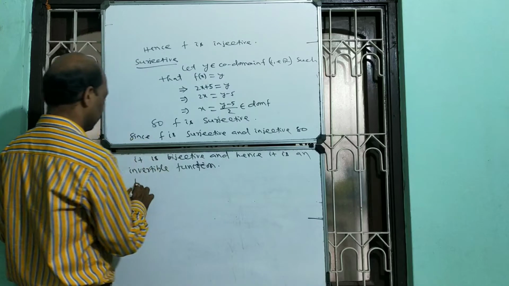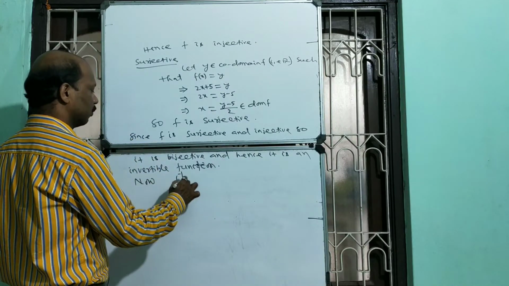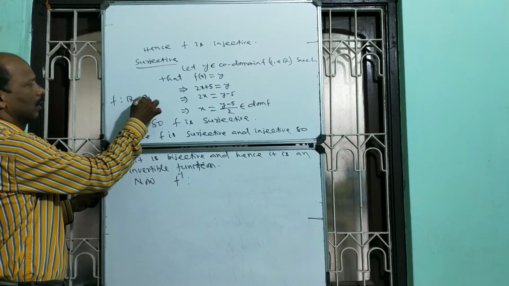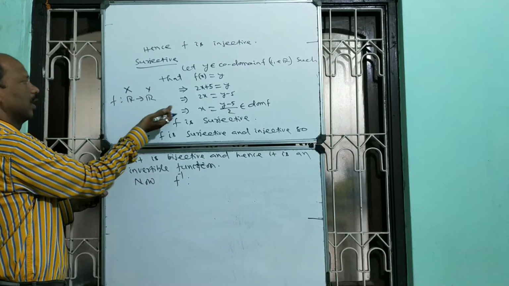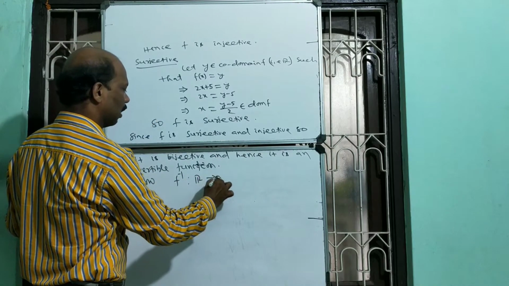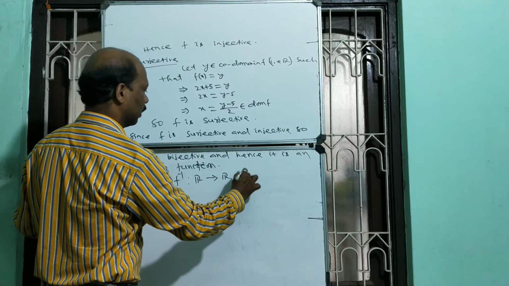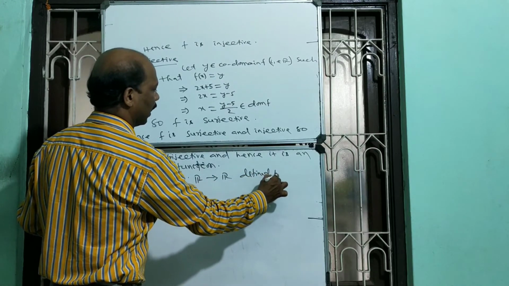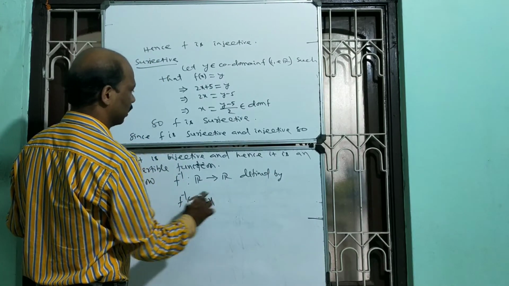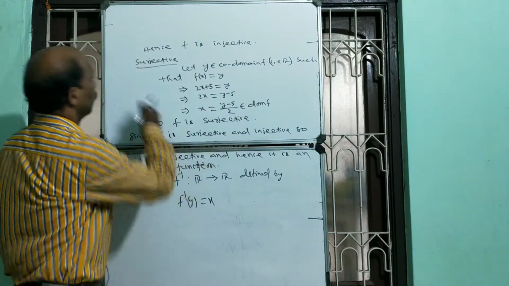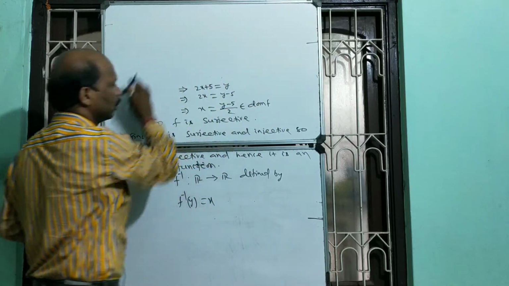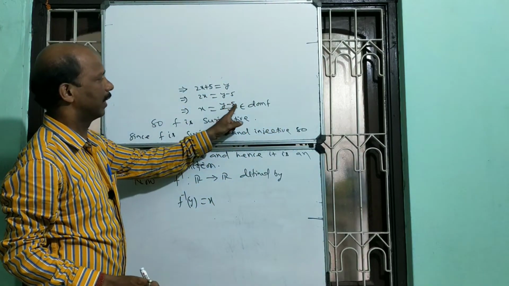Now f inverse maps from Y to X. Here f maps from R to R, that is X is R, Y is R. f inverse also maps from R to R, defined by f inverse of y is equal to x. But here the pre-image of y is x, which is equal to (y minus 5) by 2.